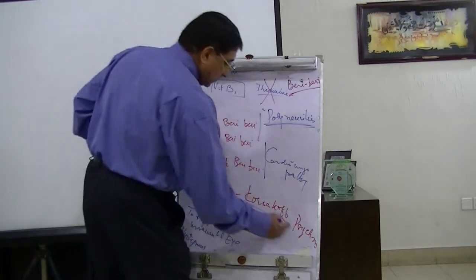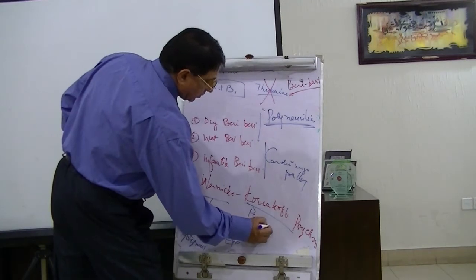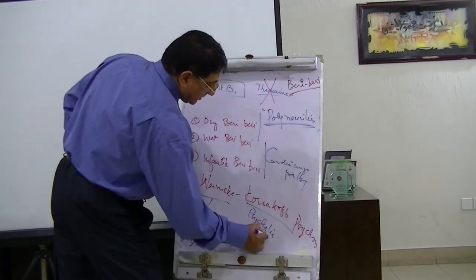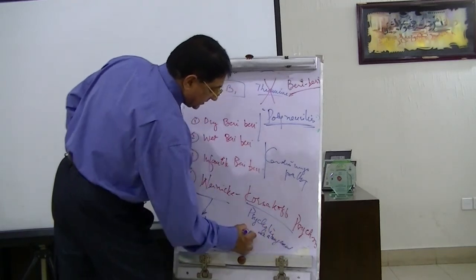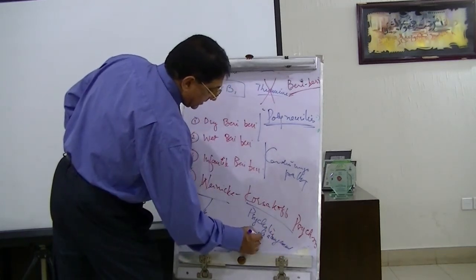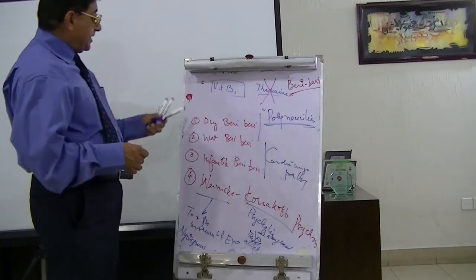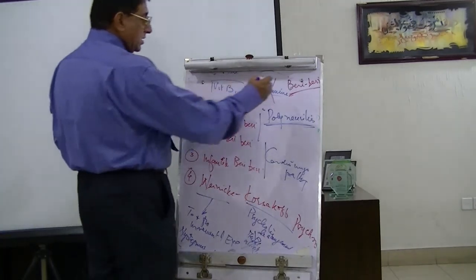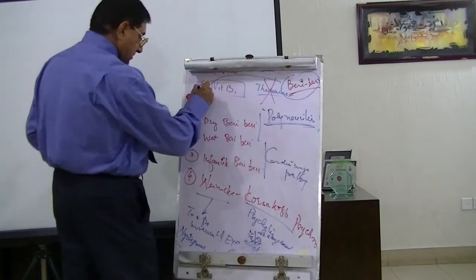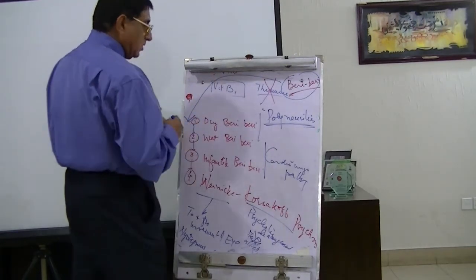And in Korsakoff, there is psychotic derangement, mental ability is reduced. So in beriberi, it contains all these things, 1, 2, 3 and 4.